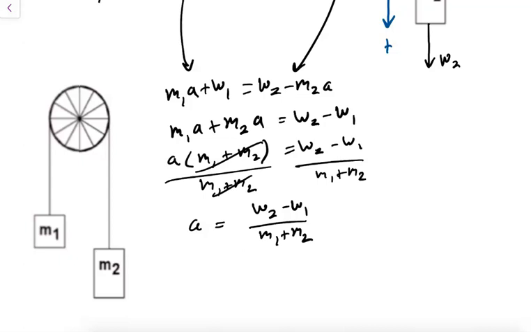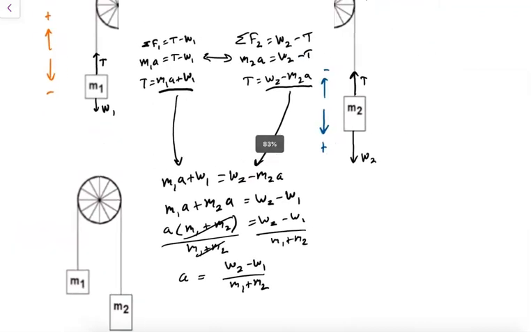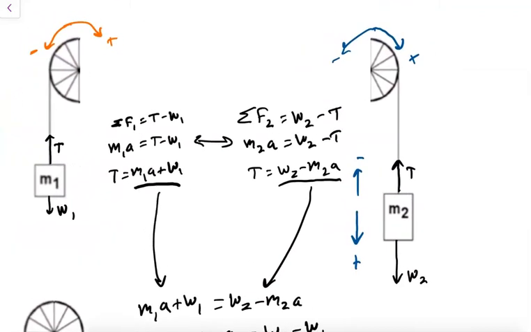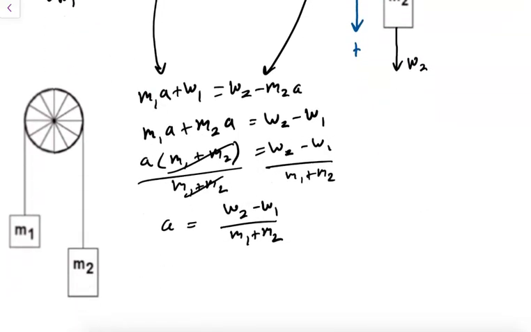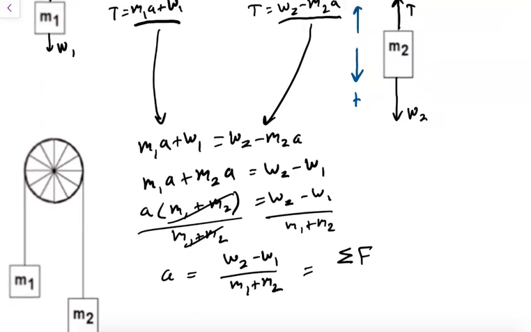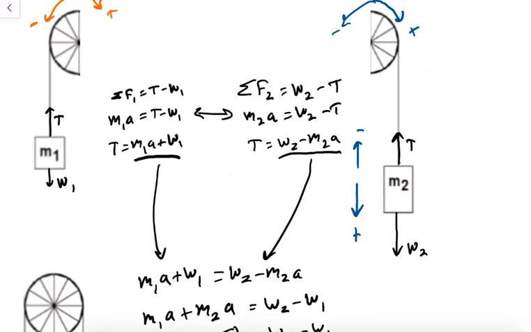Now, this is our final equation for the Atwood machine, but this shouldn't come as a shock, because let's look at the numerator, W2 minus W1. What's actually affecting the acceleration of this Atwood machine is the forces due to gravity from both W2 and W1. So the top is really just the net force, because the T's cancel, but the W2 and W1, that's what's battling.